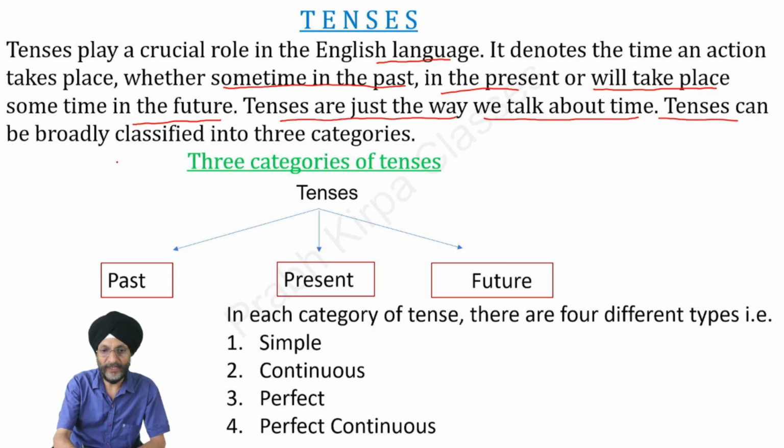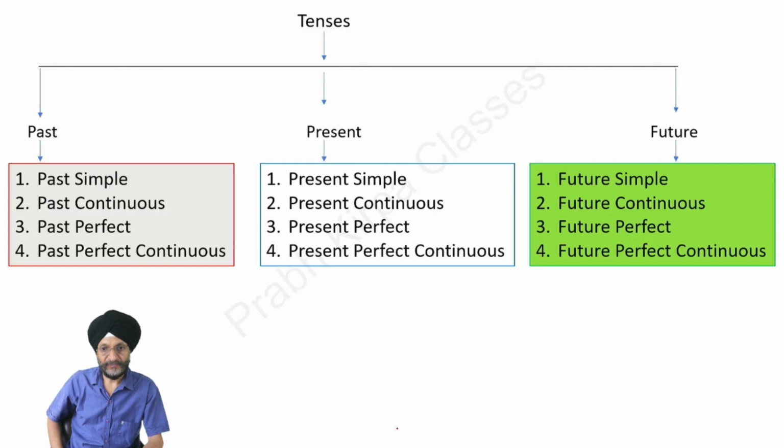Tenses can be broadly classified into three categories: past, present, and future. We can further subdivide these tenses into four subtypes: simple, continuous, perfect, and perfect continuous.